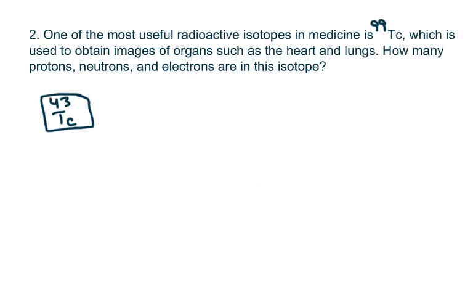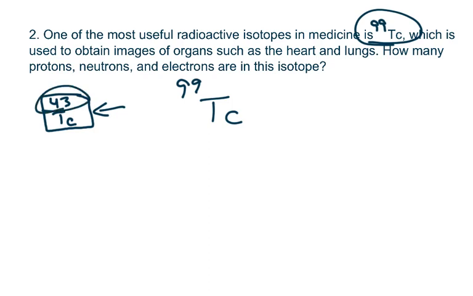All right. Number 2. Same kind of concept. We're looking, in this case, at technetium-99. See how it's written in the problem? So it's Tc-99. Okay, if you look up Tc in the periodic table, it'll look something like this. It'll be a little bit neater, but it'll look like this. And so it's box number 43. So number of protons equals 43.